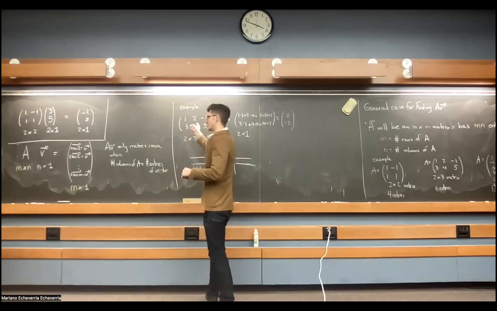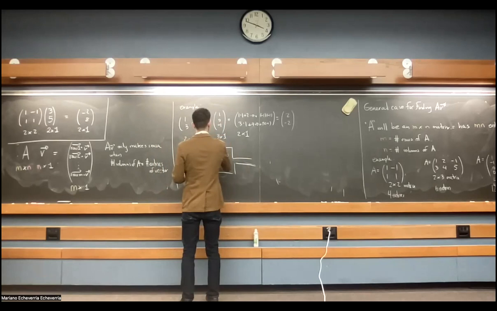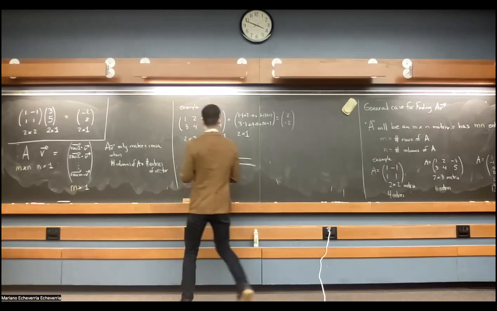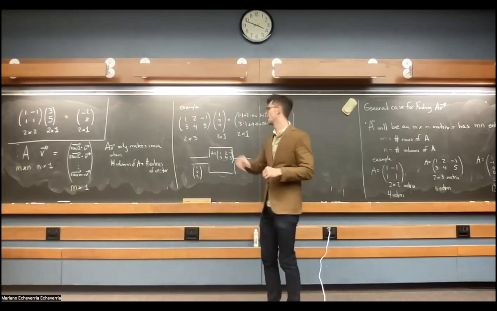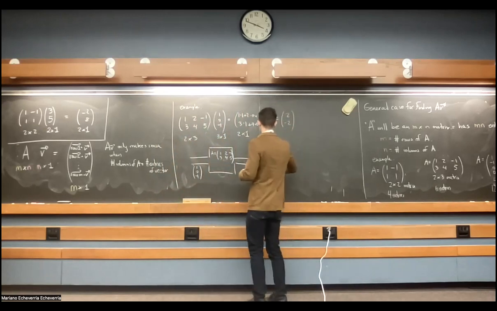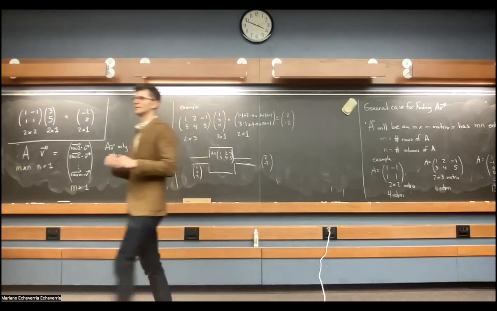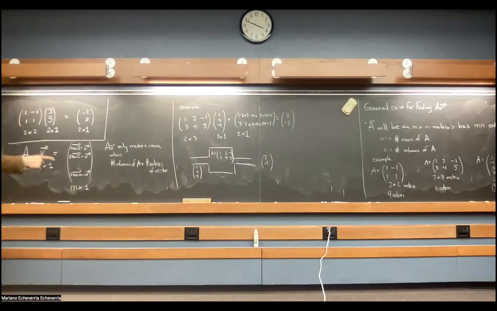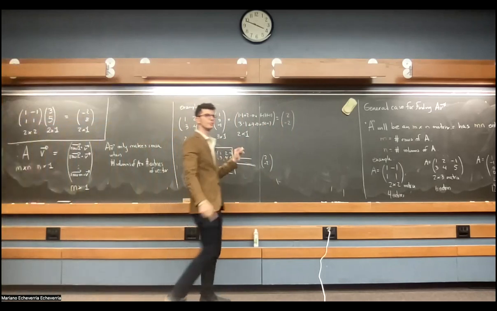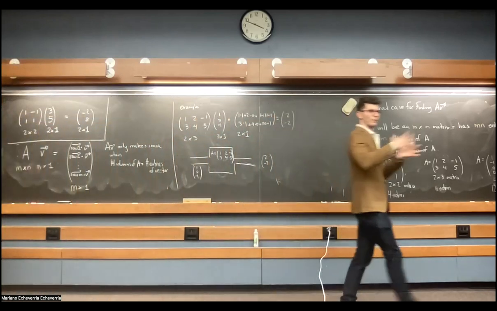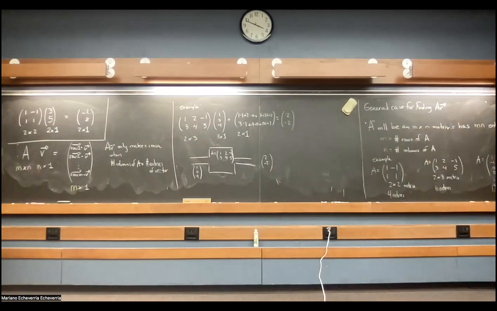You run it through the machine A, which was this matrix 1, 2, -1, 3, 4, 5, and it spits out this new vector, which is (2, -2). So here the input had 3 entries and the output had 2 entries. It is allowed to end up with a vector of smaller size.